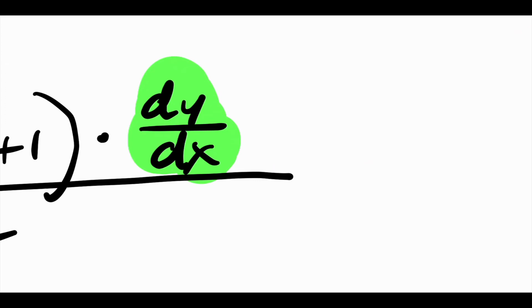Not what it means, but what does it stand for? I know what it means, but what does it stand for though? What is it? When you see that guy, what does that mean? If you see it on a test, you see it on a homework, you see it on Delta Math, what does it mean? Which one? Is that what I want to find?